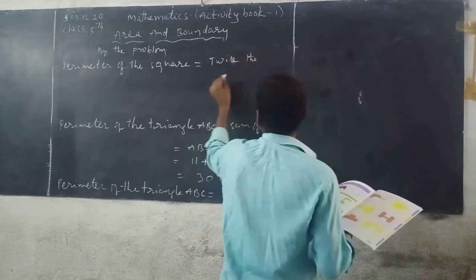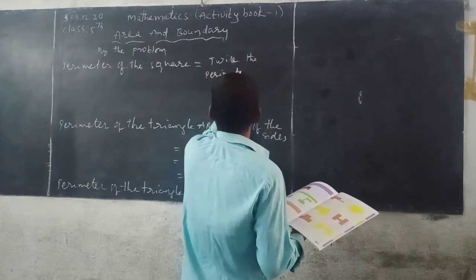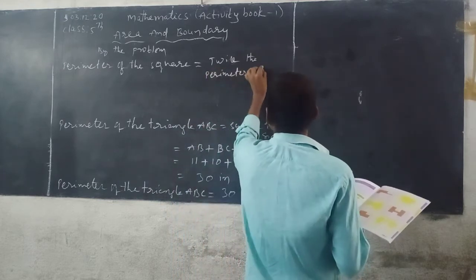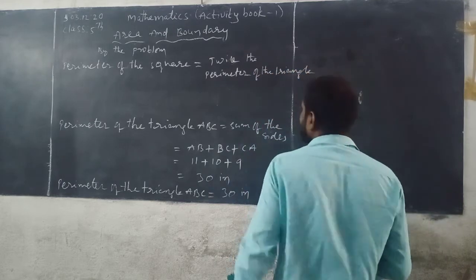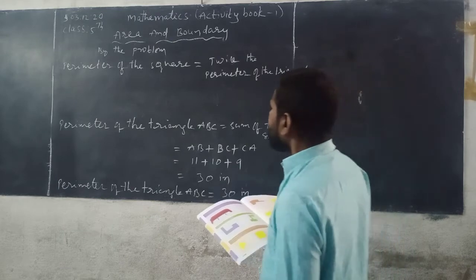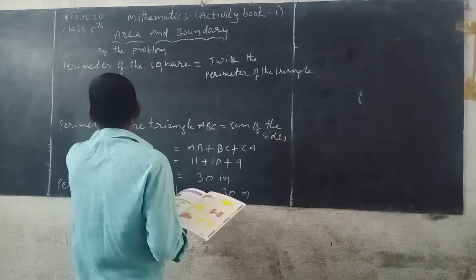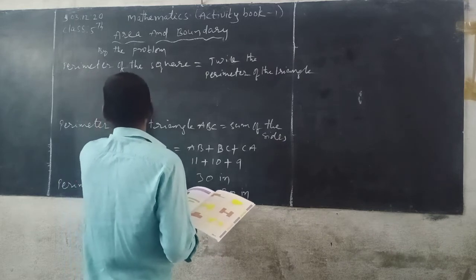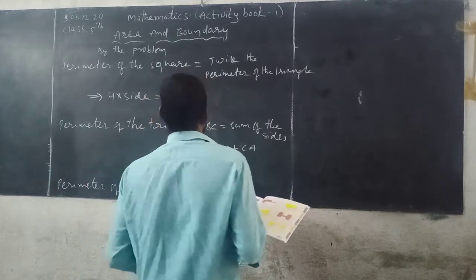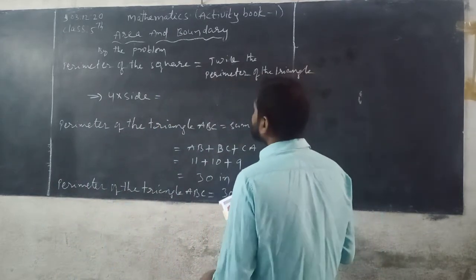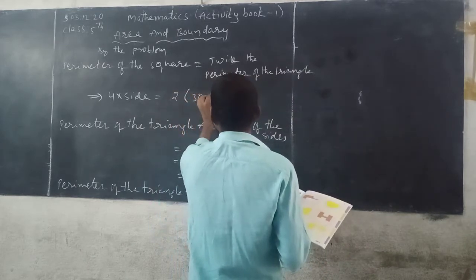Twice the perimeter of the triangle. See here, perimeter of the square is 4 into side. Four into side is equal to twice the perimeter of the triangle. Twice means 2 times. 2 into 30 inches.